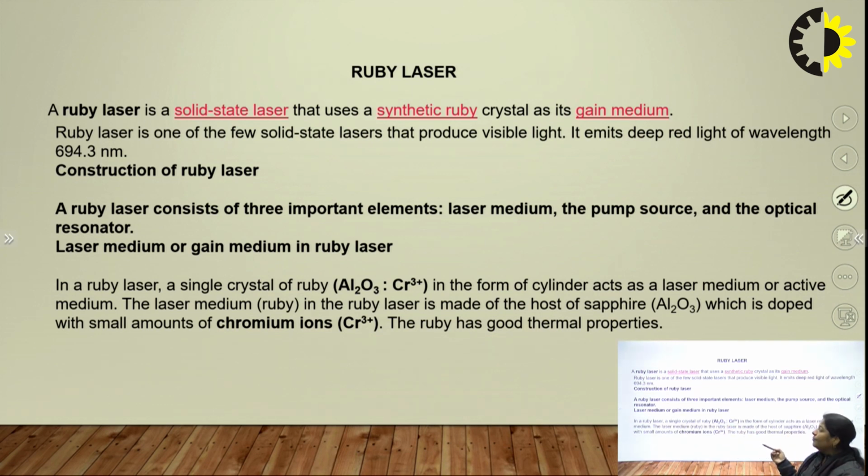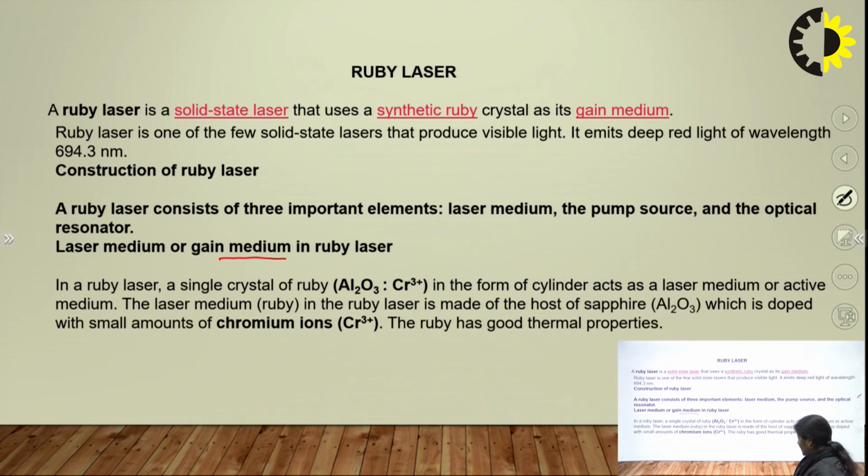It means that it is this part which takes part in the formation of the laser beam. That is why it is also defined as the gain medium. So this is about the gain or the laser medium.